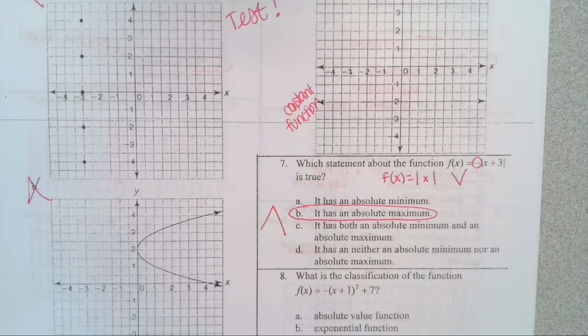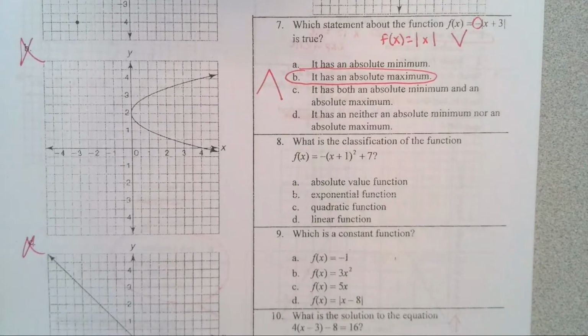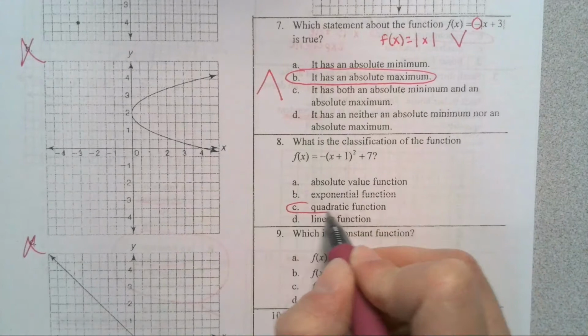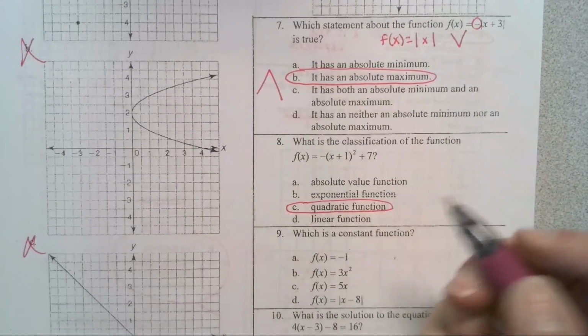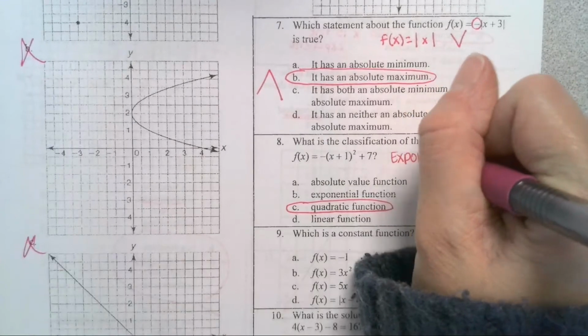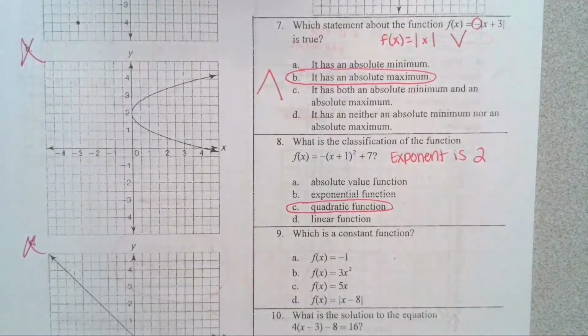All right. Number 8. What is the classification of the function f of x equals negative, parentheses, x plus 1, close parentheses, squared, plus 7? It is, in fact, quadratic. You can tell because the exponent is the 2. Yes, Summer?